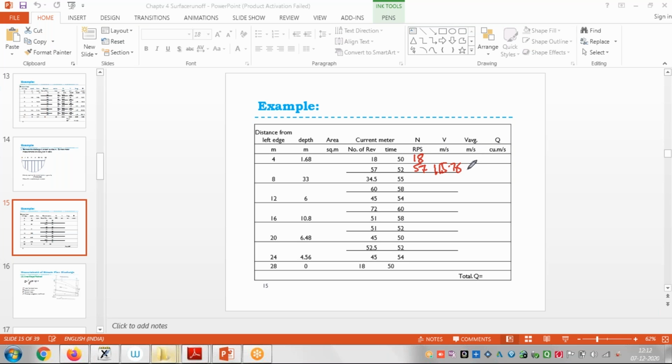Now, you know this V average. What was V average? What we had got previously? What was the value?